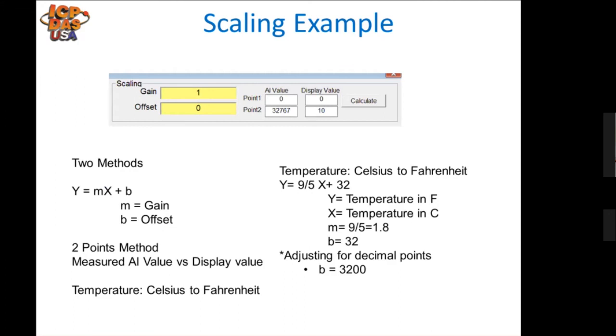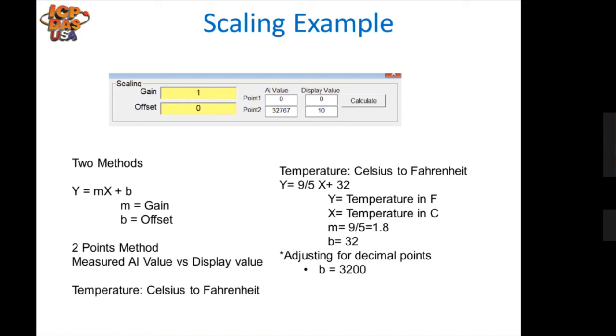Here's an example of the 2 methods. Again, the first method is the y equals mx plus b method, where m is equal to the gain, which is the multiplier, and b is the offset number. So in this case, if we did temperature, it'd be 32, as shown on the far right side.